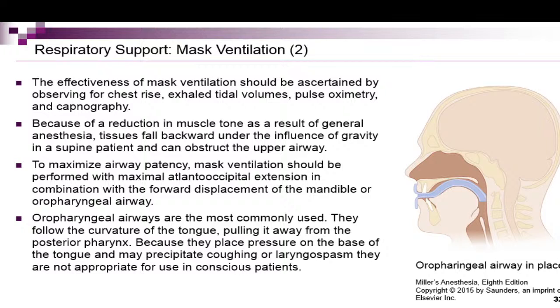So to maximize airway patency, mask ventilation should be performed with maximal atlanto-occipital extension, overextension of the head, in combination with placing of an air conductor or displacement of the mandible.